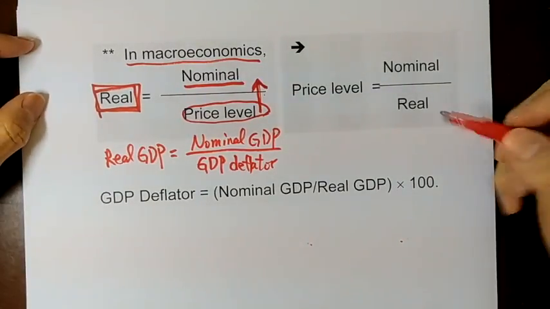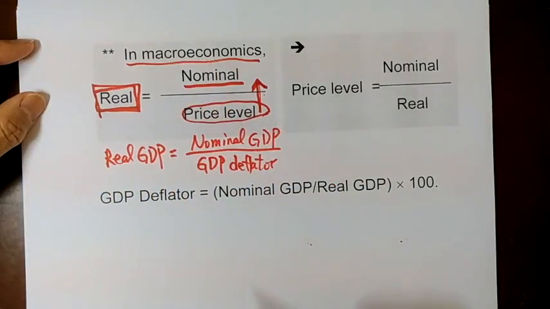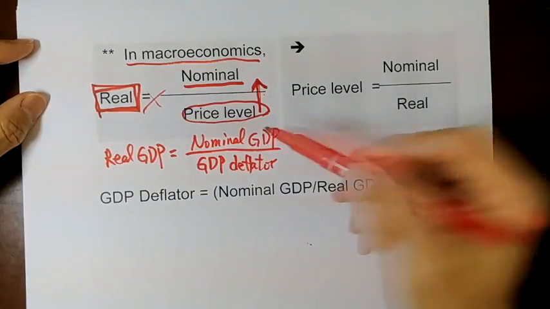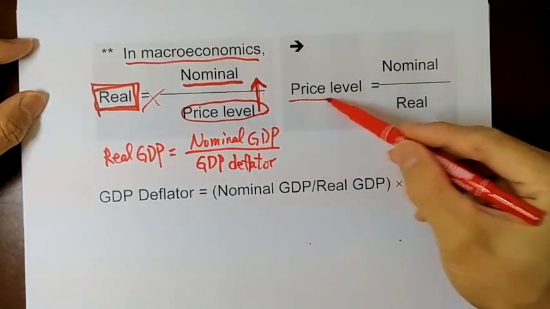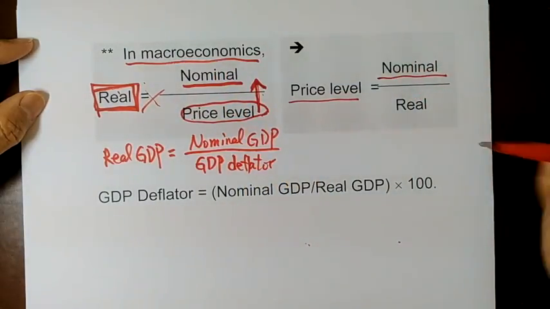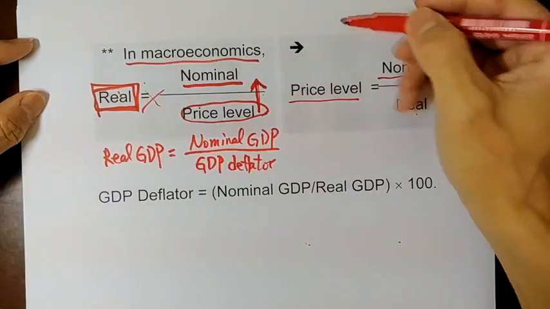Alright? So that's the definition of real variable in macroeconomics. If you do the cross products, what you get is price level is equal to nominal variables divided by real variables. Let me do this.